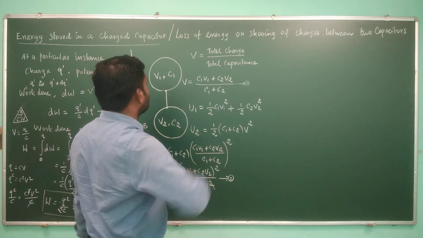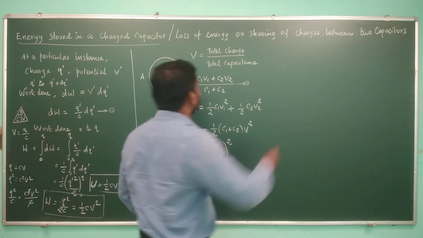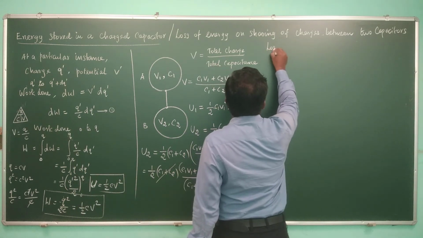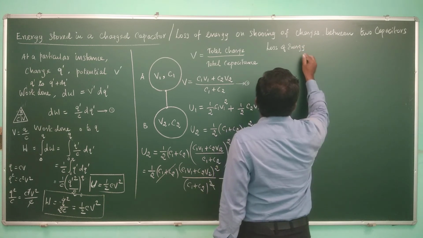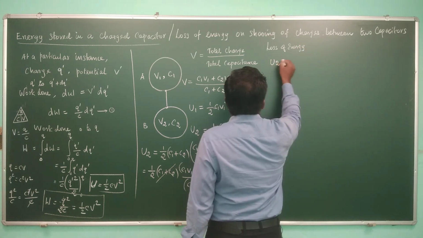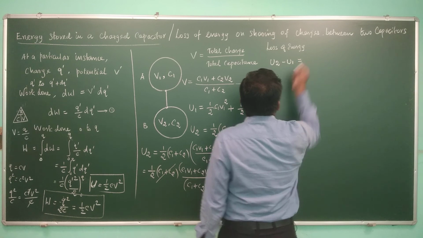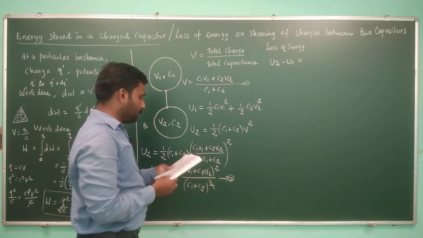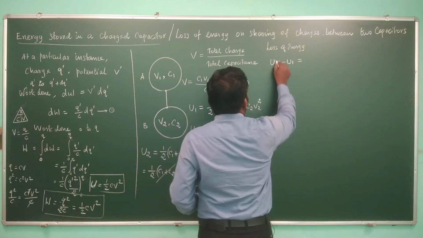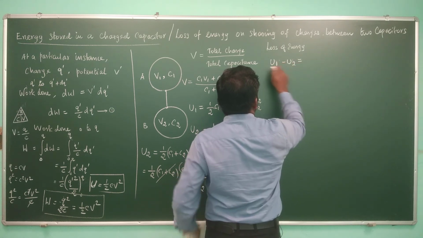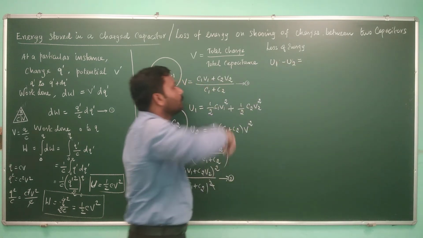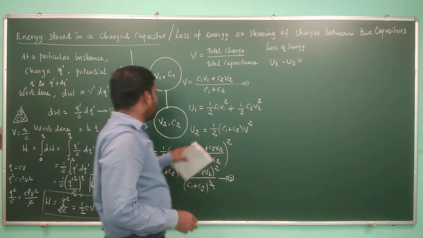Now, if you want to calculate the loss of energy, then you need to calculate U1 minus U2. As we said, for loss of energy, U1 will be greater than U2. So U1 minus U2. What is the formula for U1?